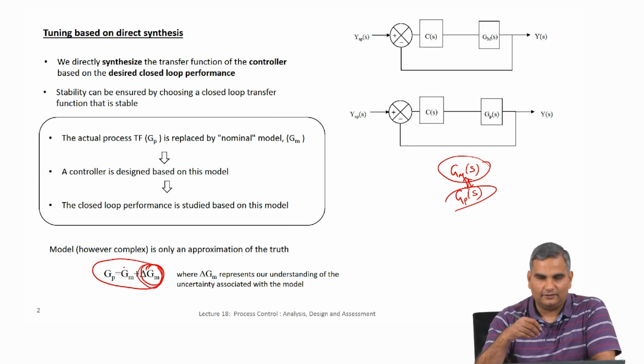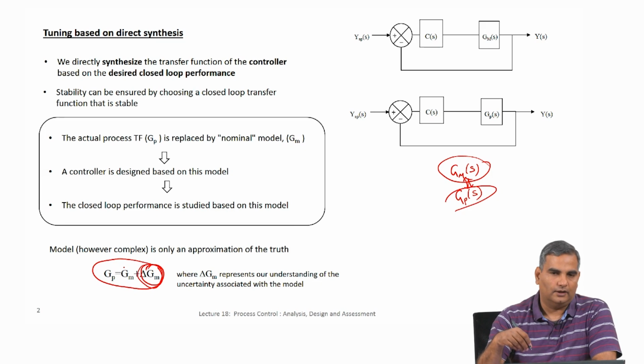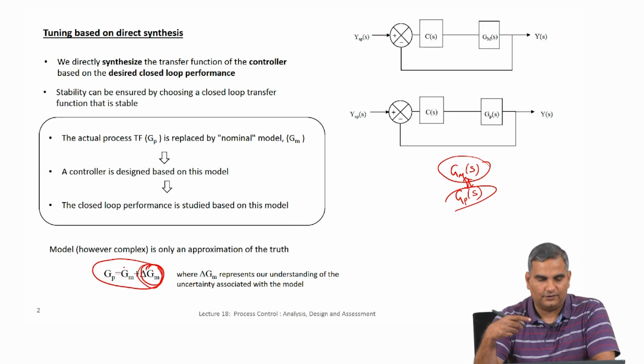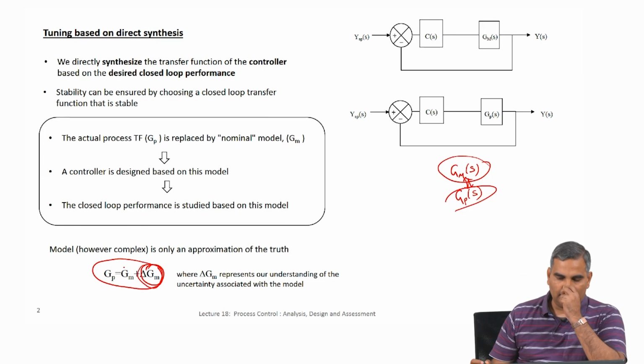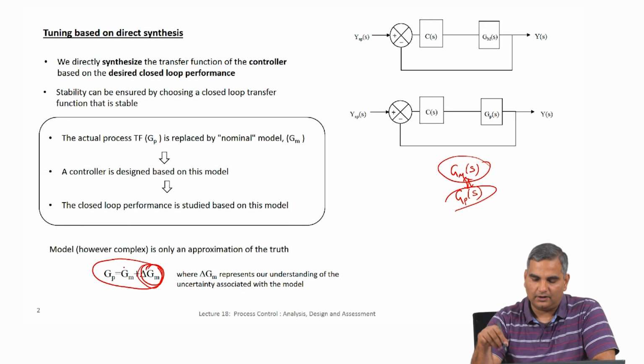But nonetheless, it is worthwhile to start thinking about control in a slightly more sophisticated fashion at this point, because the second portion of this course is going to need this differentiation between model and process, as we are going to get in a closed loop diagram both a transfer function for the model and the process. Till now we have never made this differentiation, because what we assumed is that the model is the process.